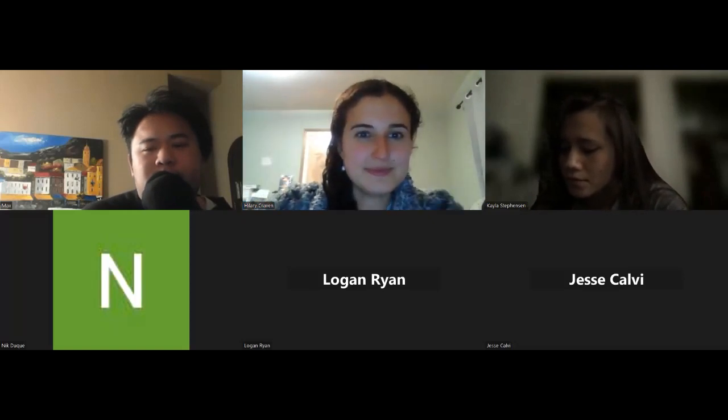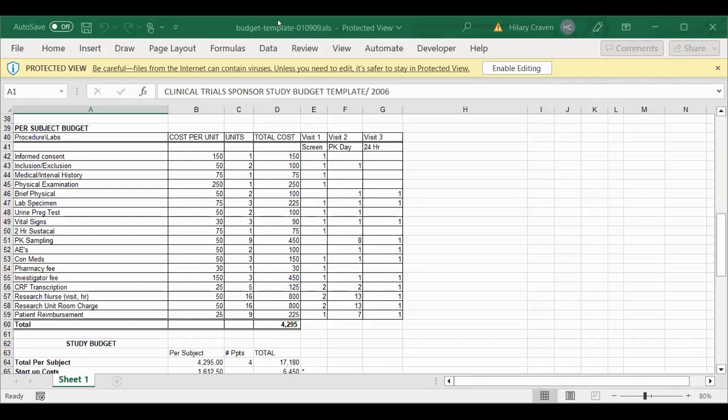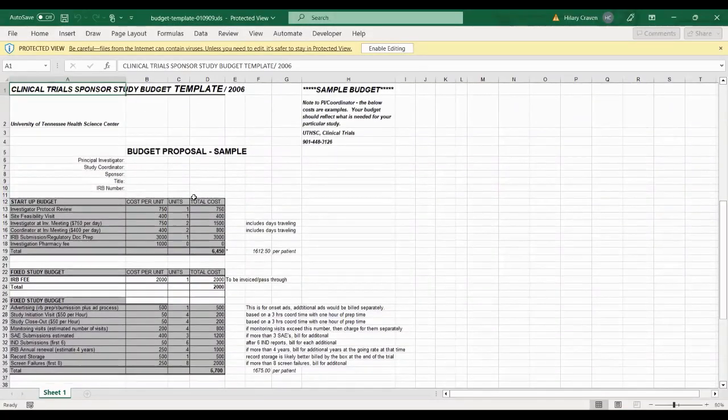The nurse gets trained on the investigator brochure, they get paid for that. They identify a patient, not even if the patient comes in, sometimes they get paid for that. Is the sponsor ever reimbursing the site, or is it the site's responsibility to make sure its payment structure covers all those expenses?